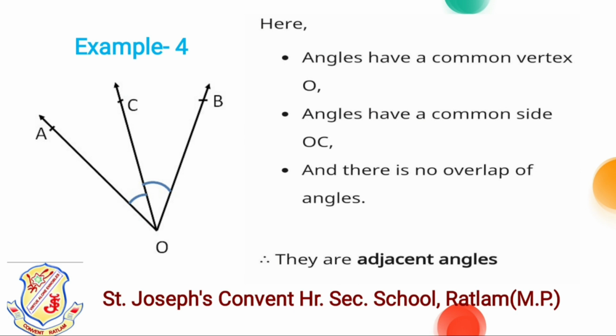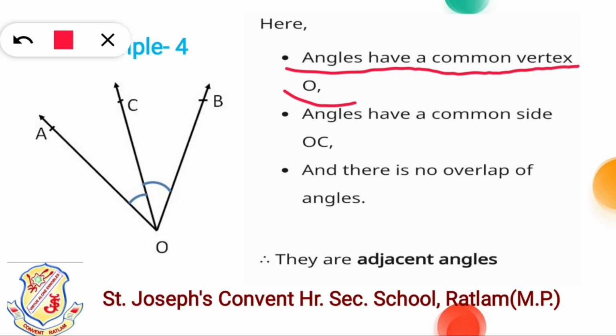Why? Because the first thing, the angles have a common vertex O. You can see these two angles, angle 1 and angle 2, both are sharing a common vertex, that is O. Second, the angles have a common side. In this figure we can see these angles having a common side OC.